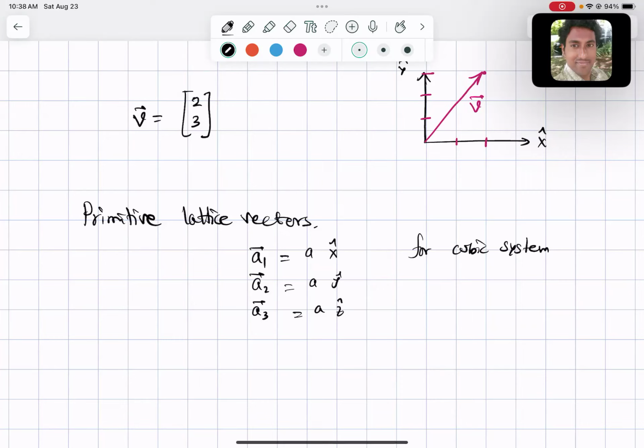For a different kind of lattice, A1 could be A x hat and A2 y hat, a little bit complicated.